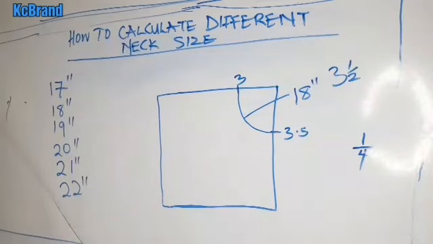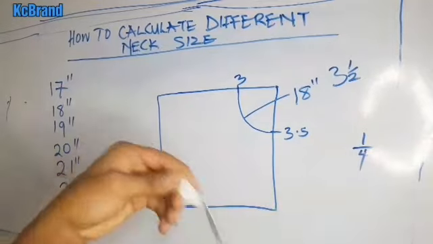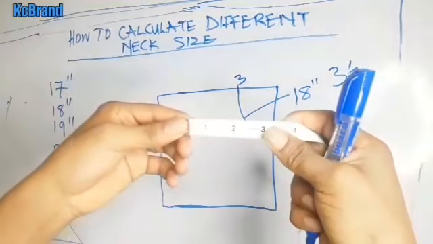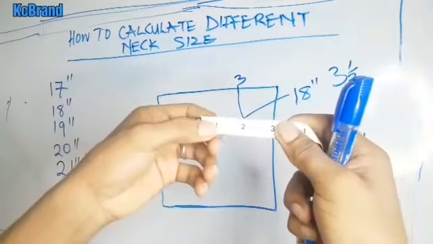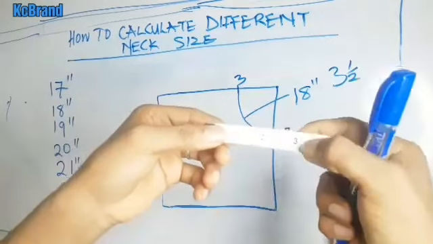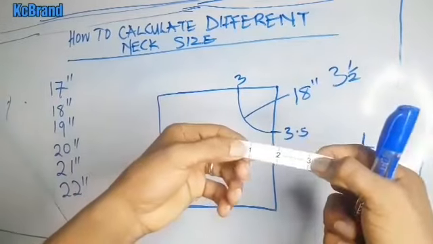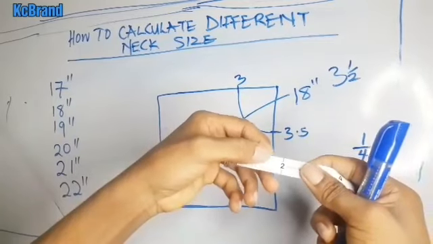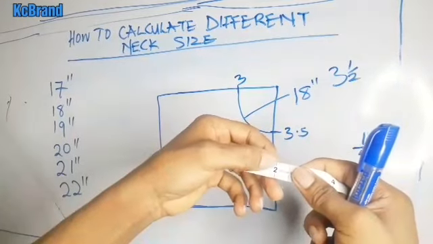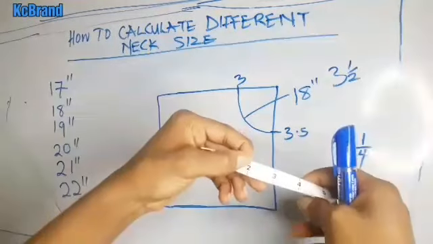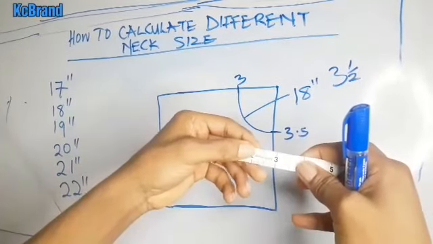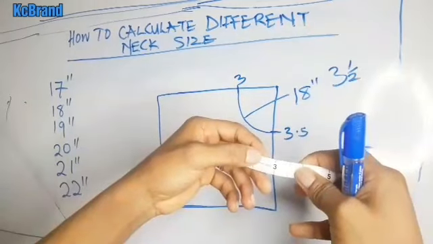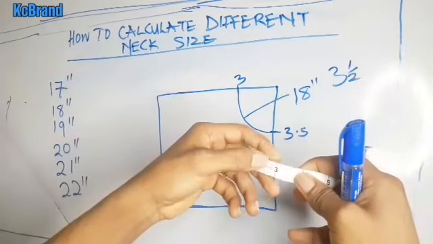Let me show you on my tape rule so that you will understand what I'm trying to say. Now this is the tape rule. If you look at this tape rule, you can see we have 1 inch here, 2 inches, 3. So this is 1 inch, 1.25, 1.5, 1.75, 2 inches. Then if you want to go ahead, 2 inches, 2.25, 2.5, 2.75, and 3.